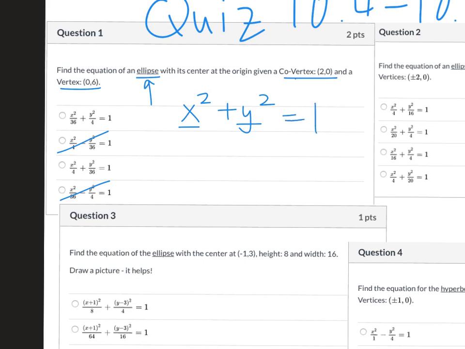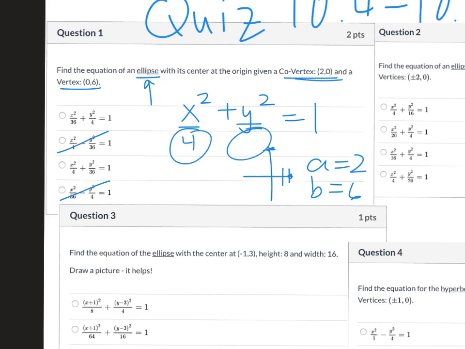The covertex is at (2, 0), so A is 2. The vertex is at (0, 6), so B is 6. We're going to need A squared and B squared, so A squared is 4, and B squared is 36. That would be the correct solution on that one.